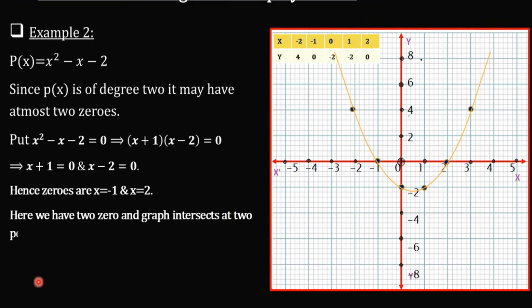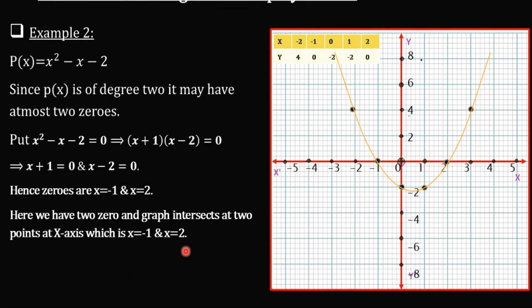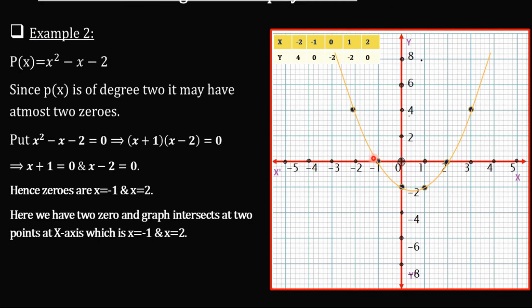Here we have 2 zeros and the graph intersects the x-axis at 2 points, which are x equal to -1 and x equal to 2. These are the zeros of the polynomial.